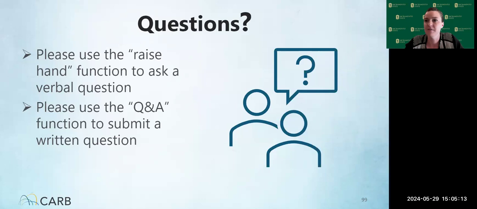You can use the raised hand function or use the Q&A. And Michael, while we wait, we do have 5 more minutes. So I know you kind of had to run through that last section. If there's anything else you wanted to elaborate on, while we see if any folks have any additional questions, you're certainly welcome to do that.